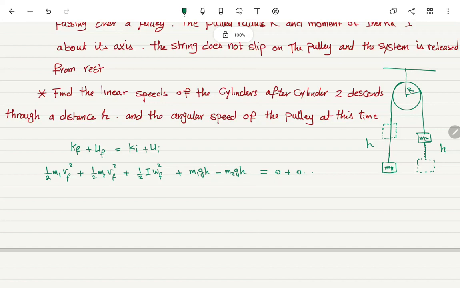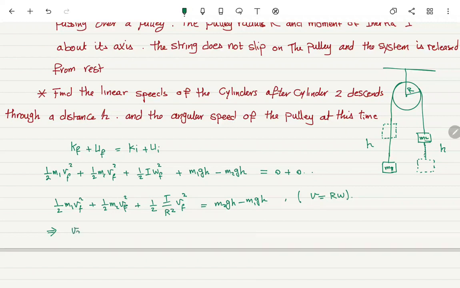Now you simplify this equation, and you will find that half M1 V final squared plus half M2 V final squared plus half I over R squared V final squared equals M2gh minus M1gh. In here we used V equal to R omega.